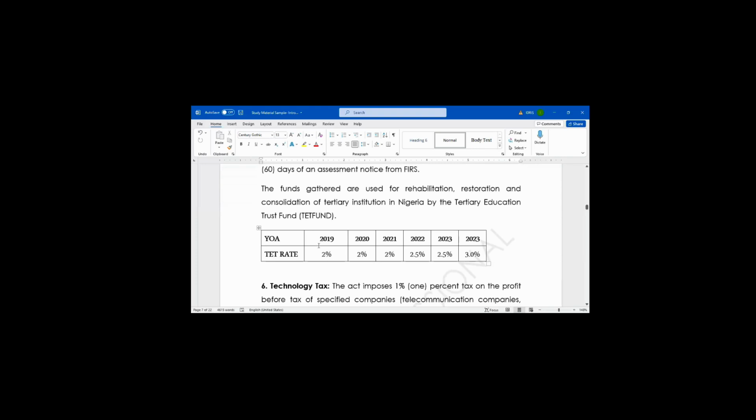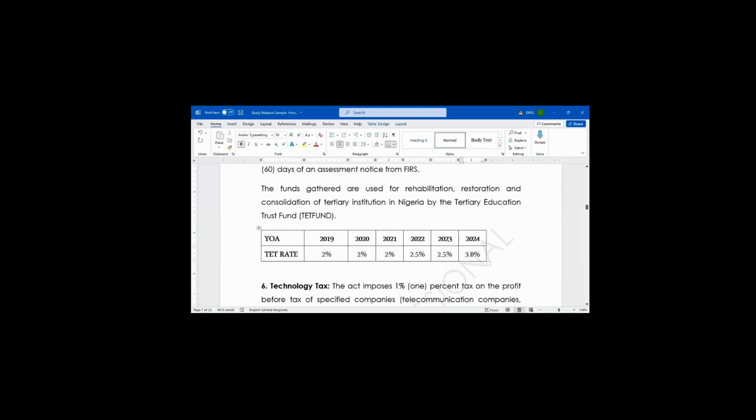In the 2019 year of assessment, the education tax rate is 2%. 2020, 2%. 2021, 2%. In the 2022 year of assessment, the education tax rate turned to 2.5%, sorry. In the 2024 year of assessment, the education tax rate moved from 2.5% to 3%.